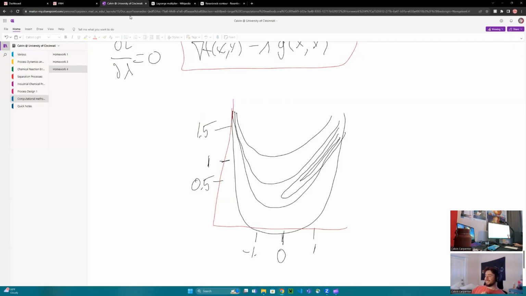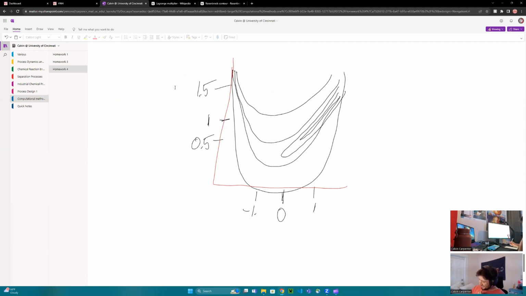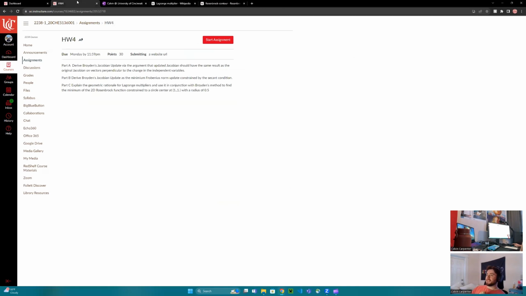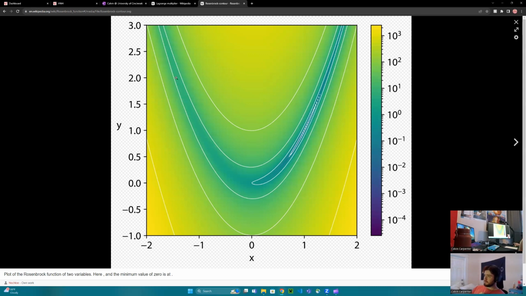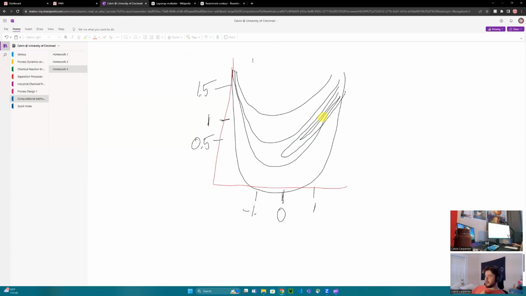Okay. Great. Sorry. So we have a center at 1, 1 right here. Basically, our problem statement is saying it's constrained to a circle centered at 1, 1 with radius 0.5. So if we have a circle at this 1, 1 and we have a radius of 0.5, let's just make the circle a little bit bigger.